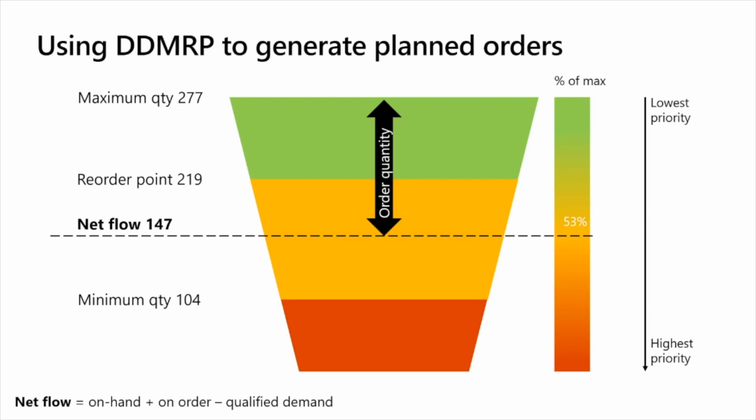In this case, the percent of maximum is going to be calculated as the net flow divided by the maximum quantity, which in this example is 53%. So the order priority for this planned order would be 53, where 0 is the highest priority and 100 is the lowest.